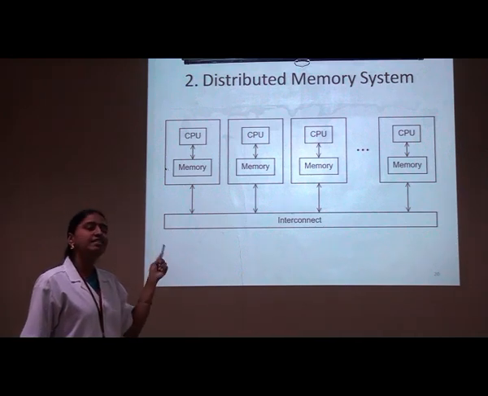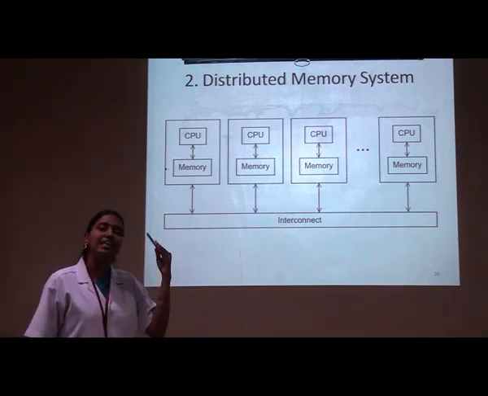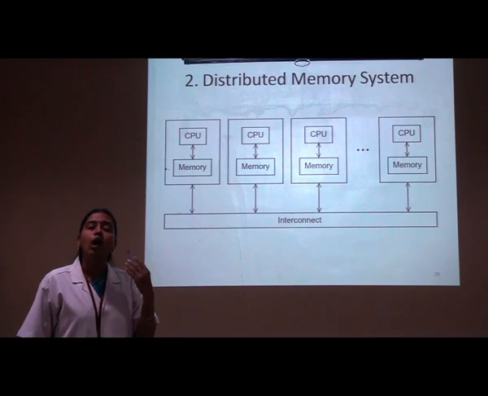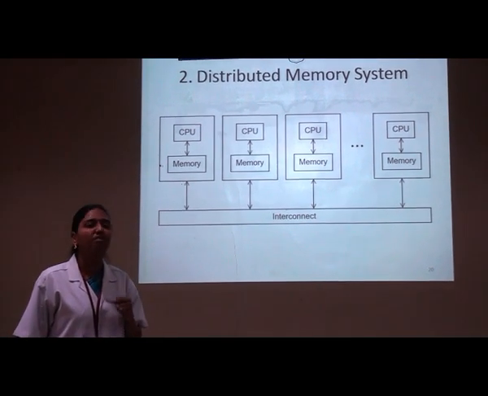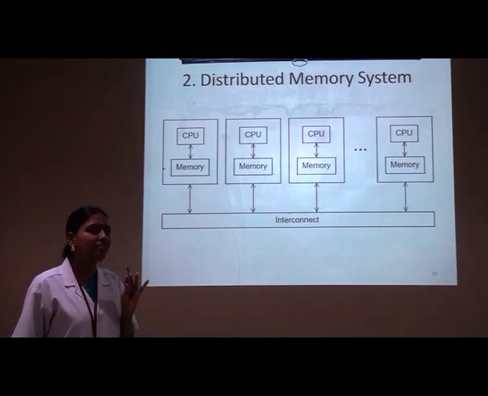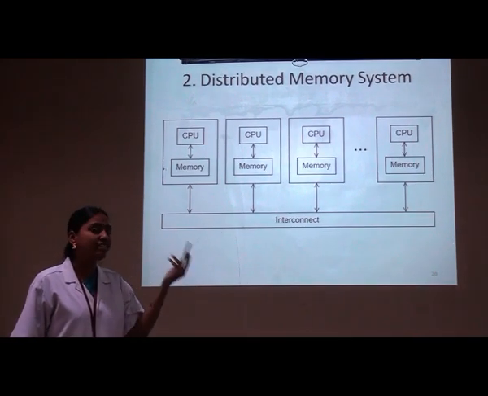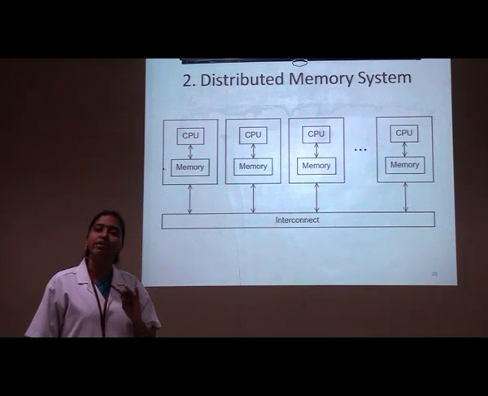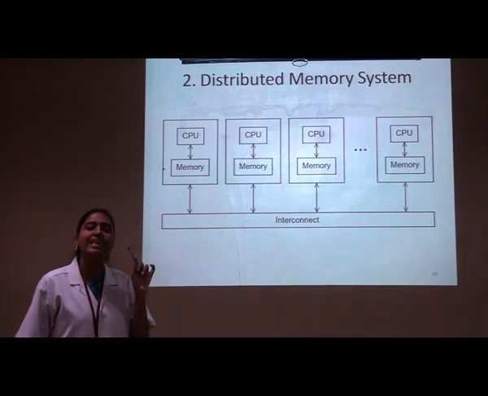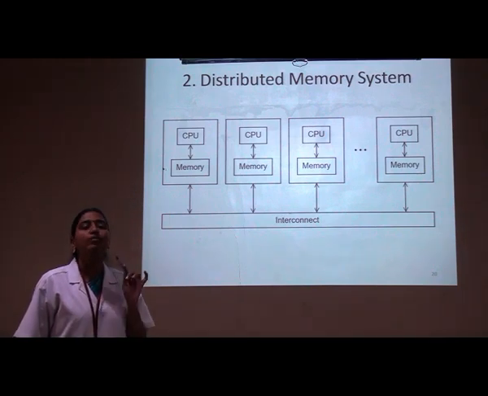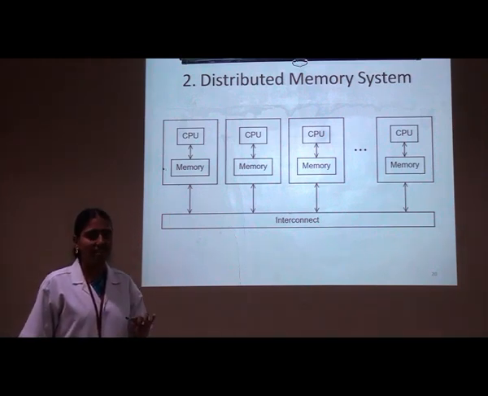Since we have individual memory in each core, communication takes place with the help of message passing, that is inter-process communication. Whereas in a shared memory system, there is no need for message passing. Here, since we are using individual memory in each CPU core, we need message passing.